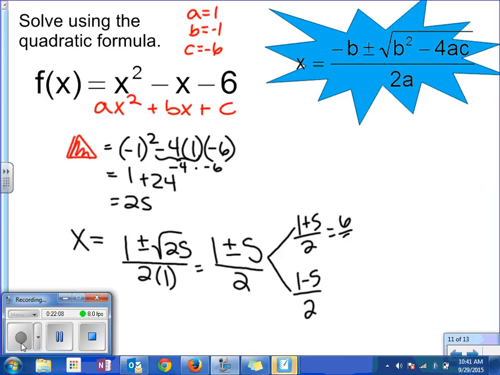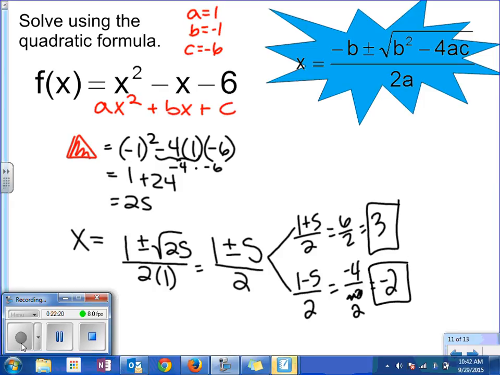That gets me 6 over 2, which is 3, and negative 4 over 2, which is negative 2. So my answers for this are positive 3 and negative 2. Those answers look a lot nicer than 1 plus or minus 5 over 2, right? So we want to actually simplify them.